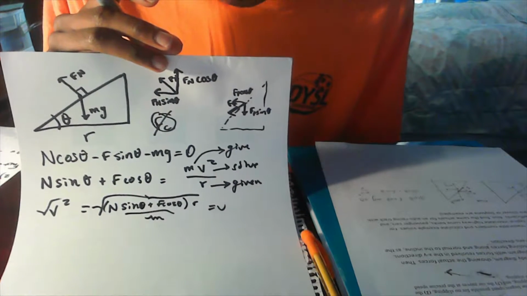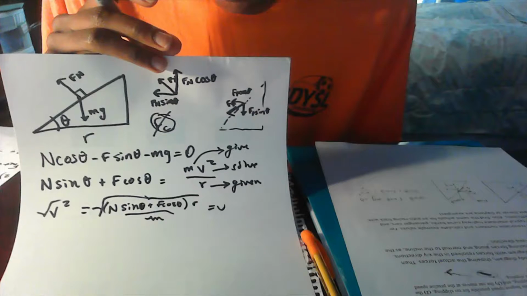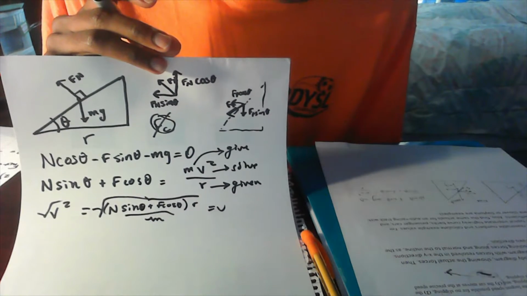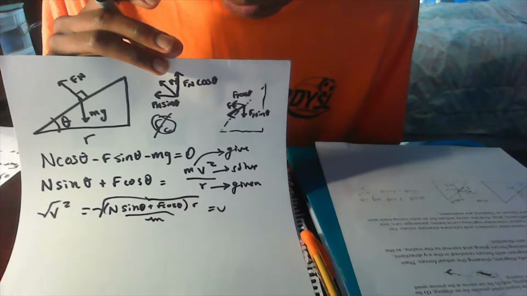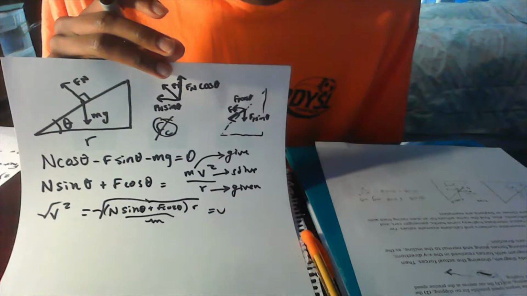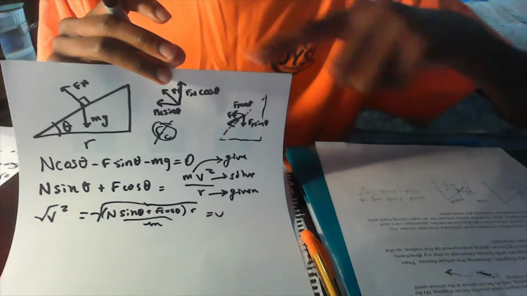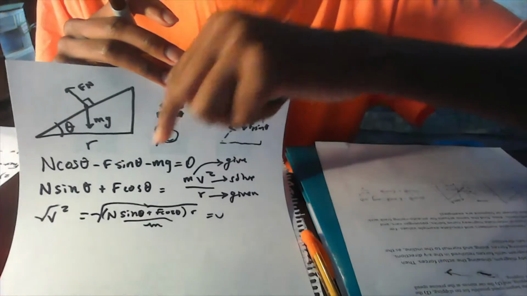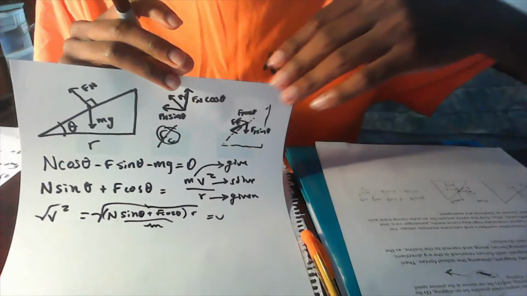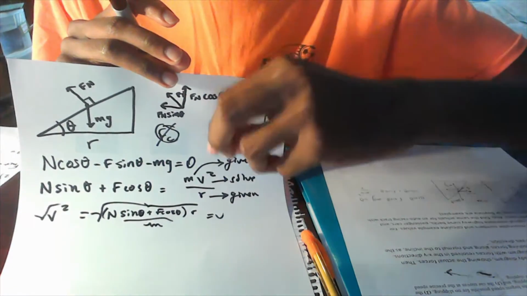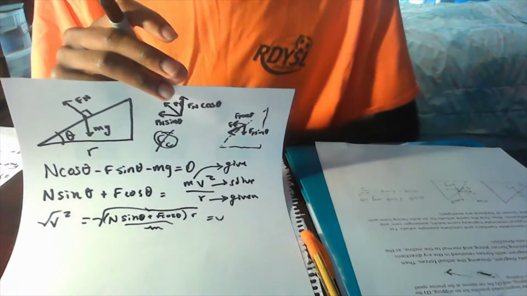So that would be just making sure that the N sine theta is such that there's no acceleration going up the slope or down the slope. So it has to be within that range that we would solve for.